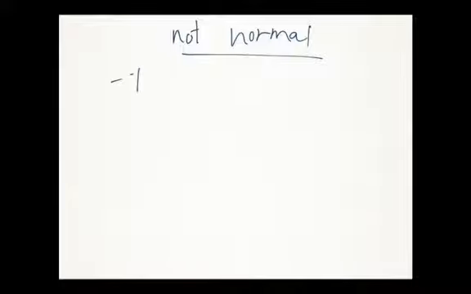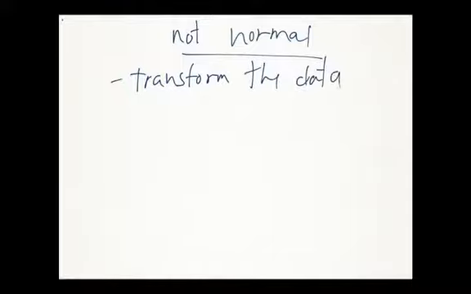What if normality doesn't hold? We do one of these tests, or we look at one of those plots, and the thing is not looking normal. Well, what are our options then? We can transform the data. What do we mean by that? We don't mean we change the data, that would be funny, to make it normal.